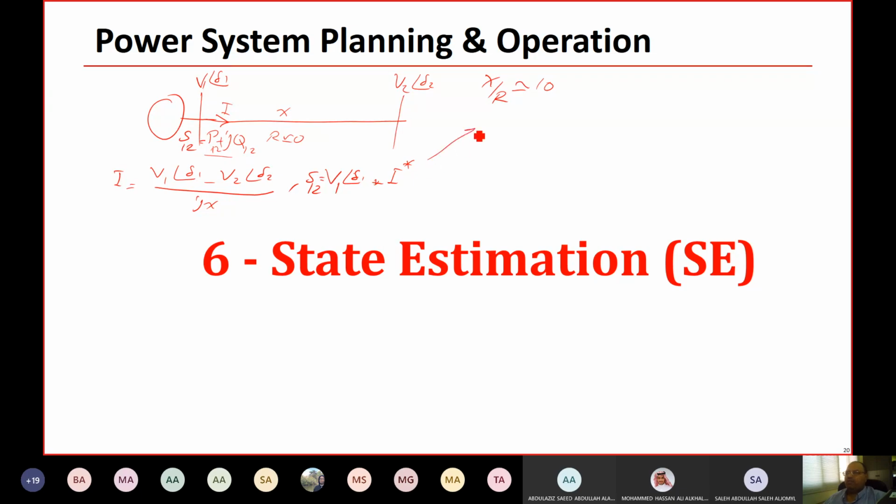So we can write here S12 conjugate equals V1 with angle minus delta 1 times I, which is V1 delta 1 minus V2 delta 2 over jX.